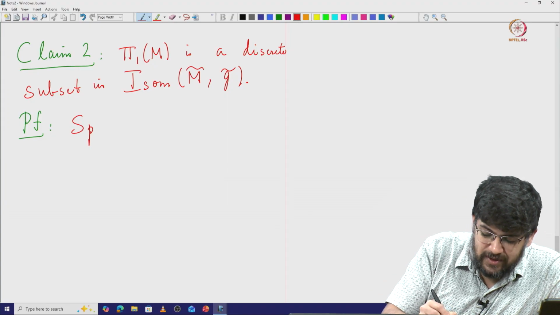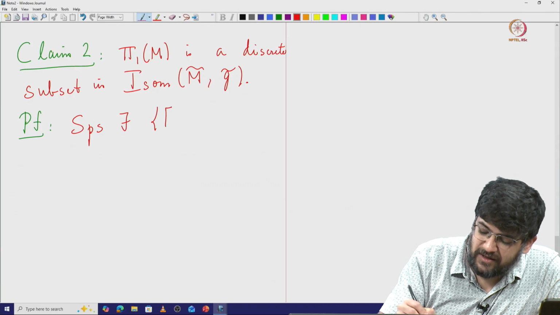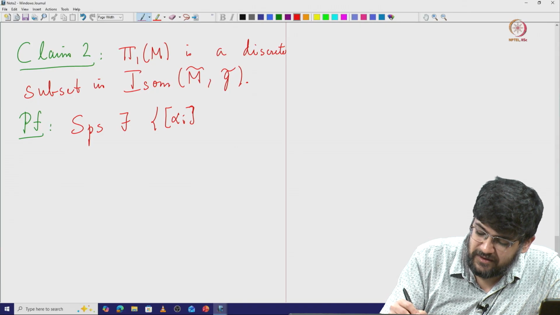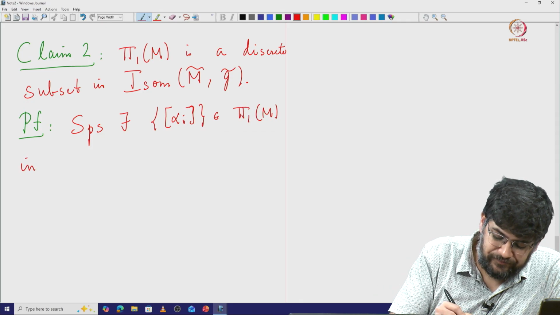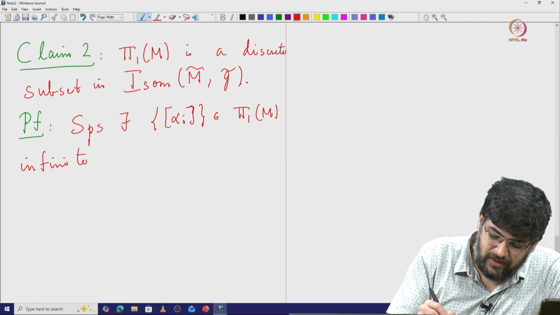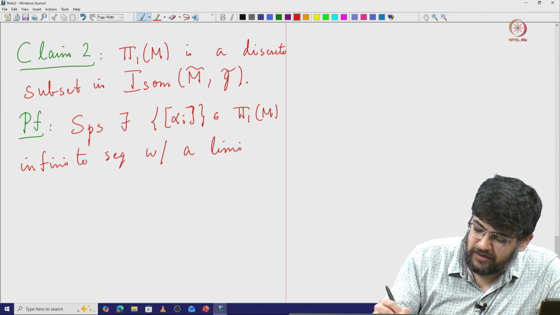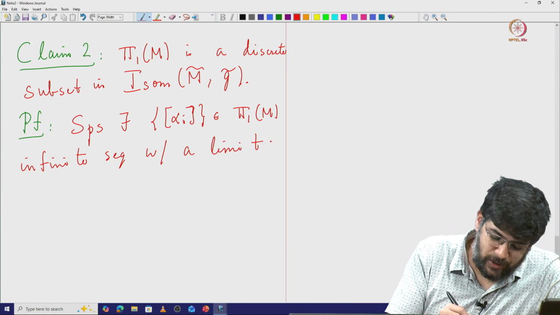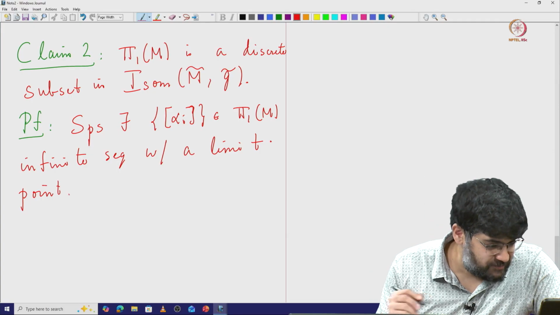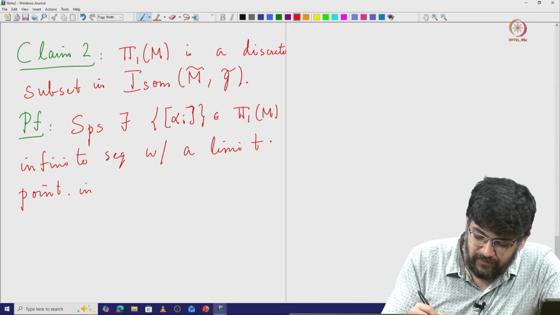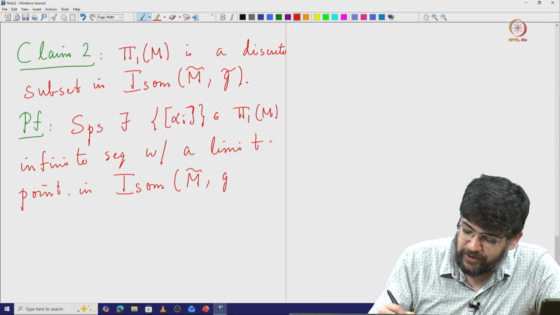Well, suppose there exists an infinite sequence with a limit point. If it is discrete, it cannot have a limit point. So let us say it does have a limit point, then we get some sort of a contradiction. So let us say it has a limit point in the isometry group.